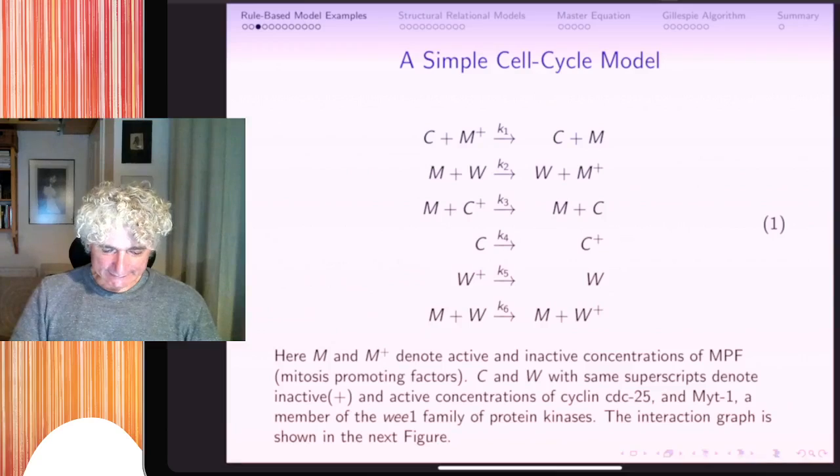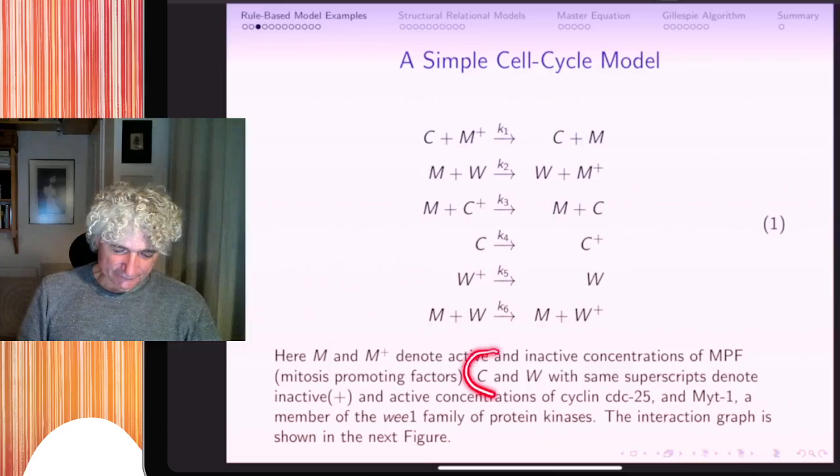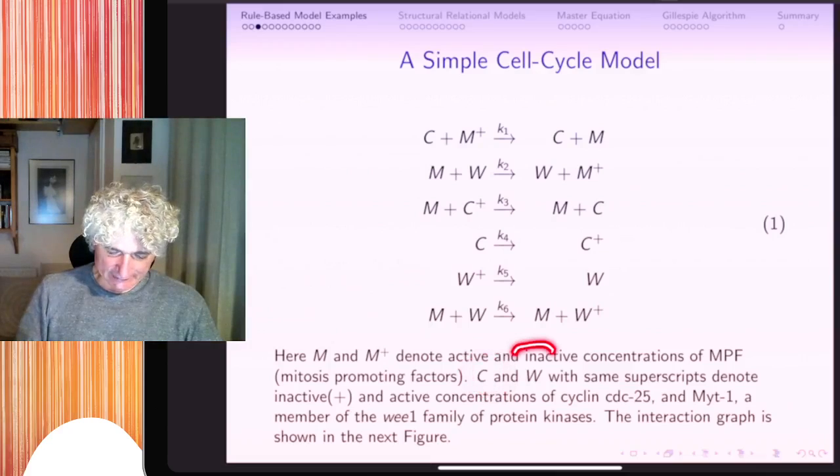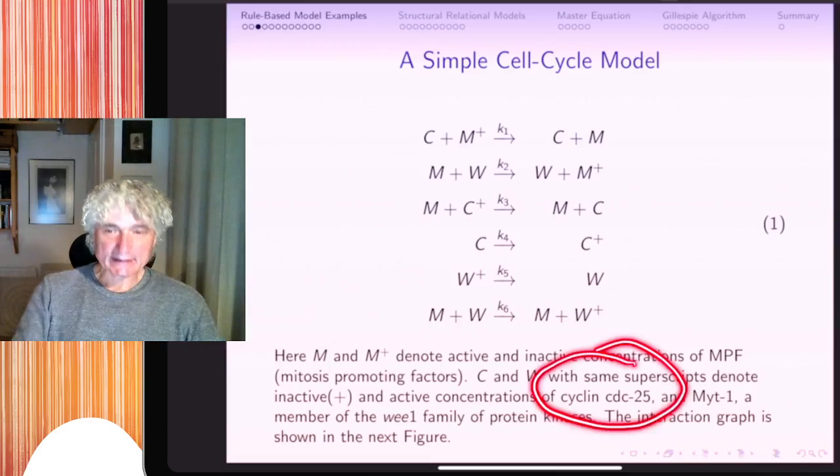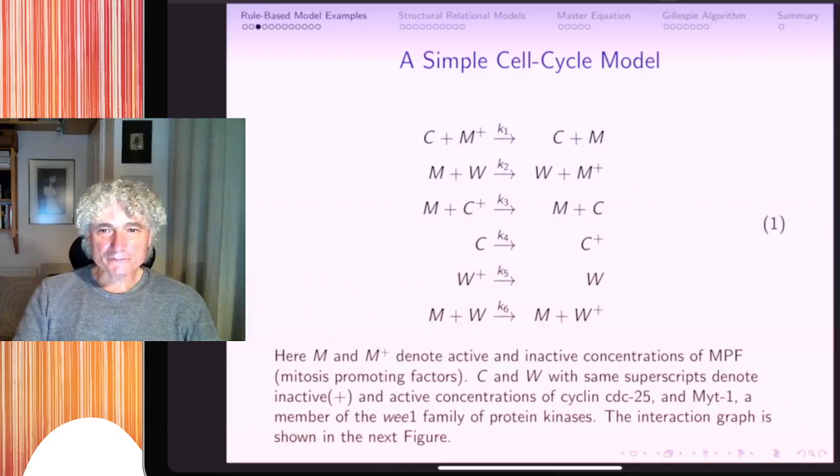Besides the mitosis promoting factors, we also have proteins called C and W. The proteins described by the type C are exactly one of these cyclins, so that is CTC25.